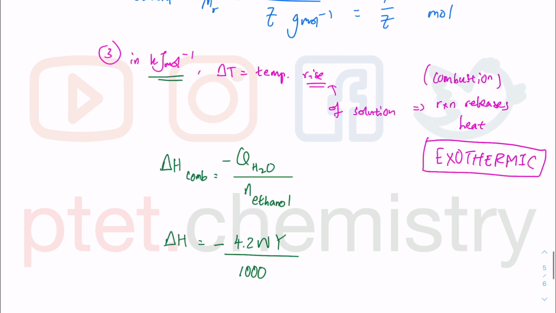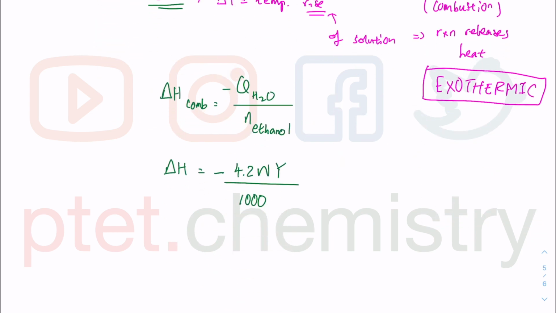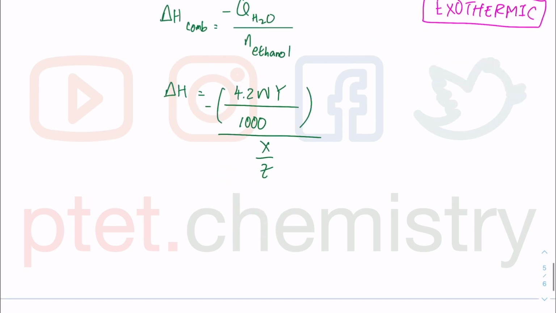So this one, minus, divided by X over Z. What will that give me? That will give me minus 4.2 W y Z over 1000X. Alright, which means the correct option will be option A there.